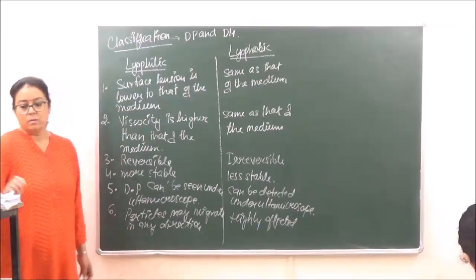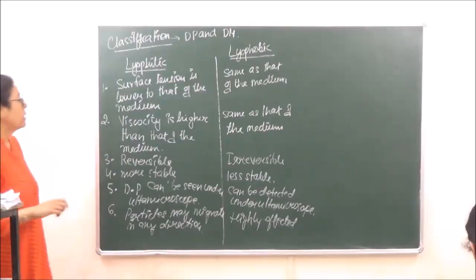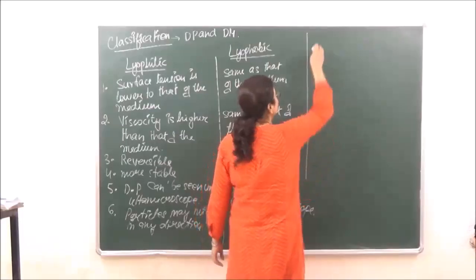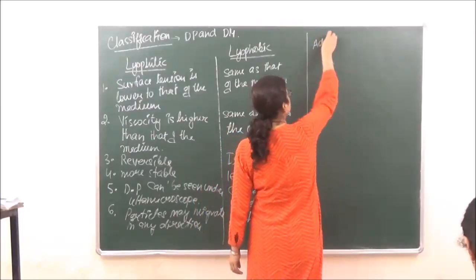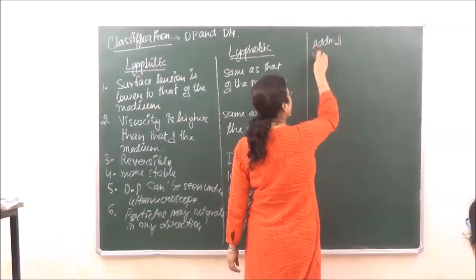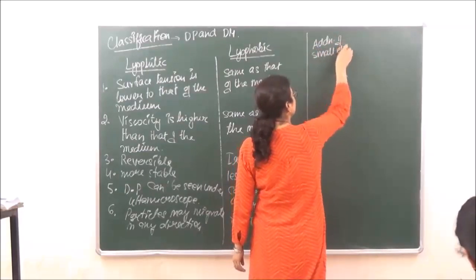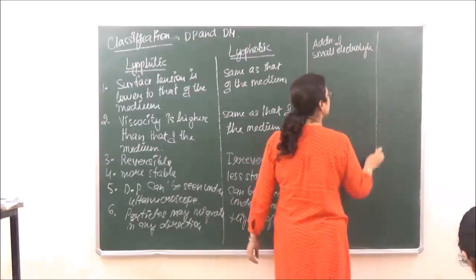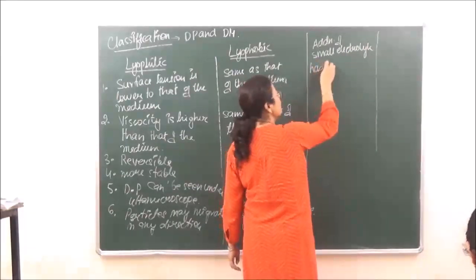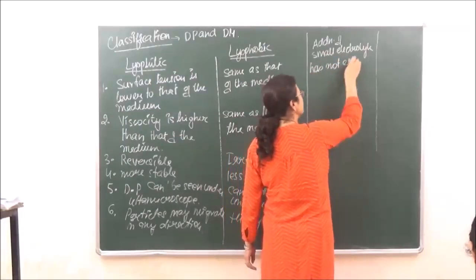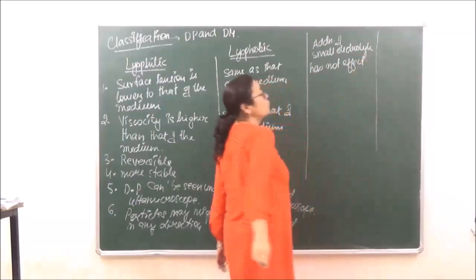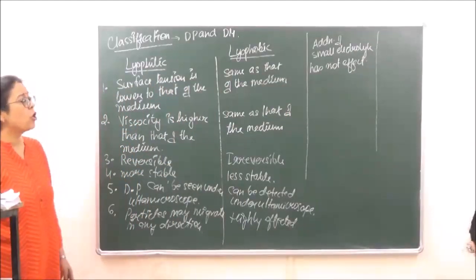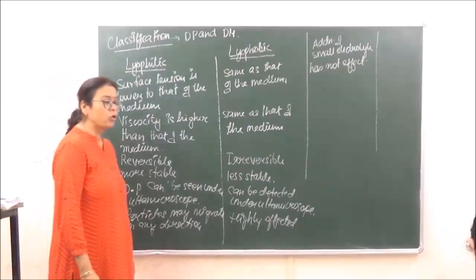Next, in this case, lyophilic: addition of small electrolyte has no effect on the lyophilic, which means that if you are putting any electrolyte, that electrolyte is not going to destroy the lyophilic colloids, right?